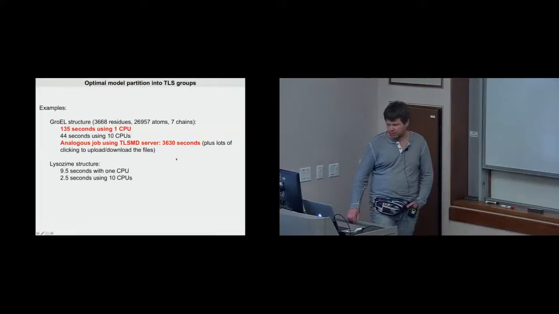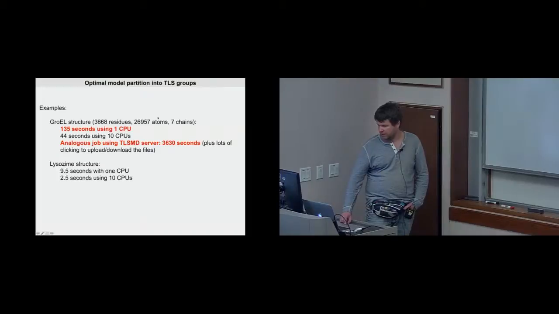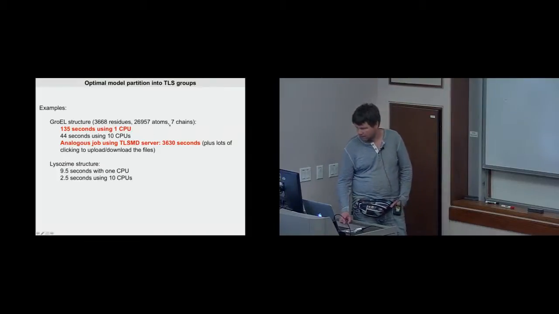And this is just to compare our approach with the approach implemented by TLSMD. So this is a GroEL structure with so many residues, so many atoms, 7 chains. And we can do it in Phenix in slightly more than 2 minutes using 1 CPU and 44 seconds on 10 CPUs. And a similar job using the TLSMD server will take way longer.